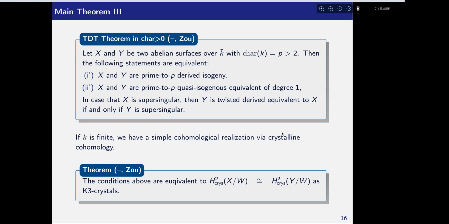In particular, this also shows that this isometry is algebraic. So this proves the Tate conjecture for isometries between the crystalline cohomologies.